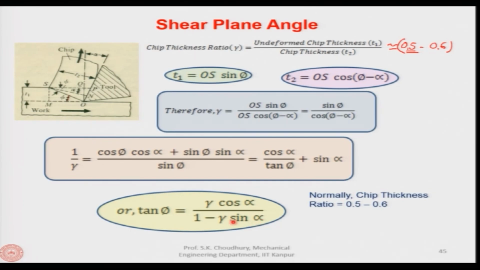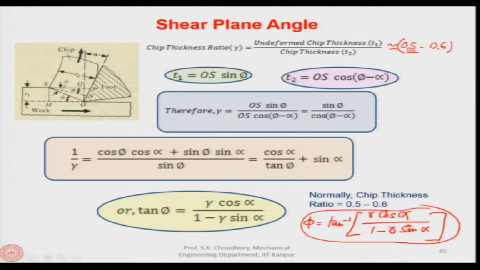So, as you understand, analytically we can find out the value of phi, which is the tan inverse of this. We know the chip thickness ratio, and the cos of alpha we know, because this is the tool that we are using, 1 minus chip thickness ratio we know, and this is the sin alpha. So, this is the way we can analytically find out the value of phi rather than measuring it, because measuring will not be very accurate.